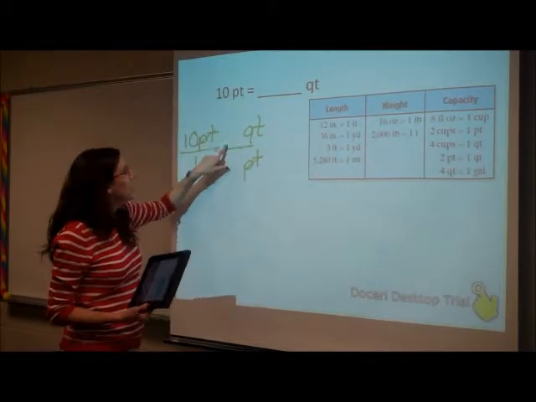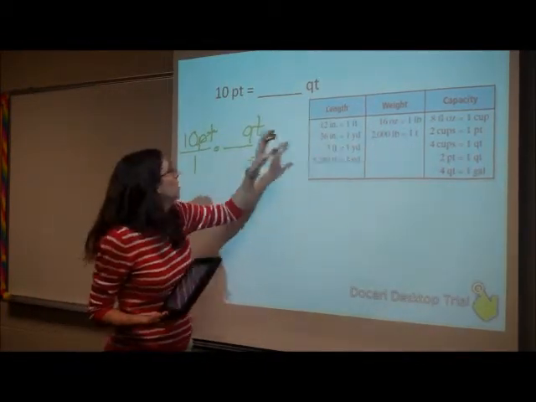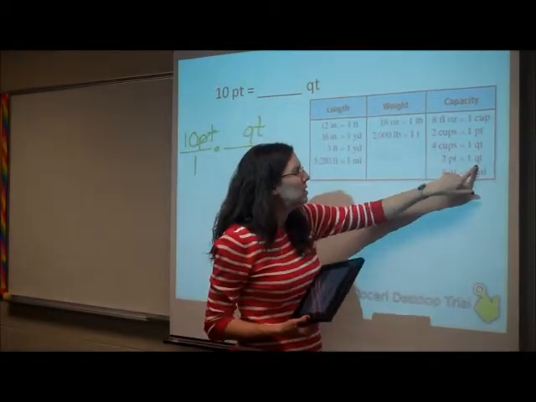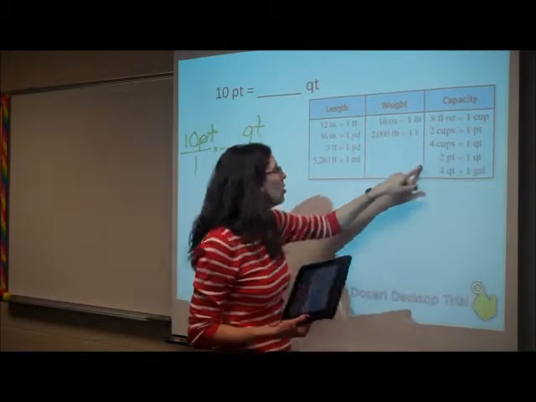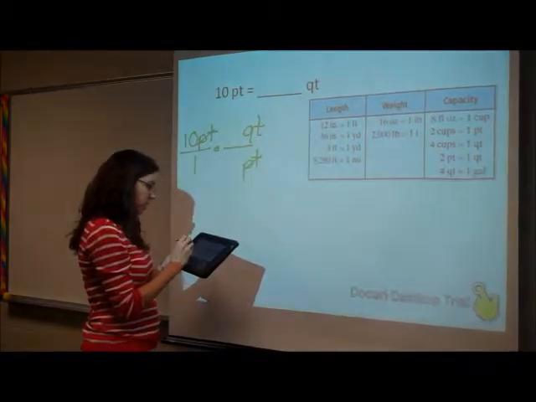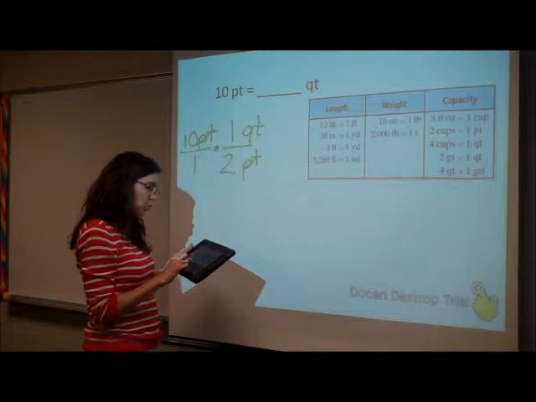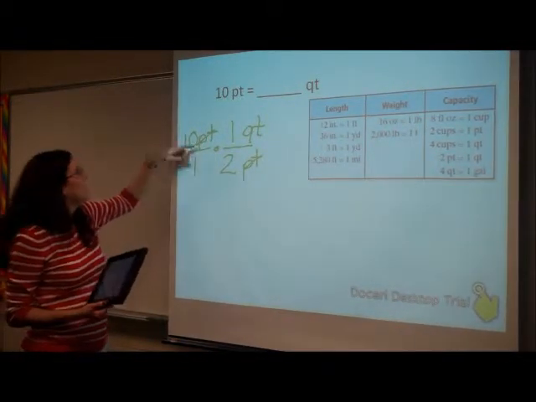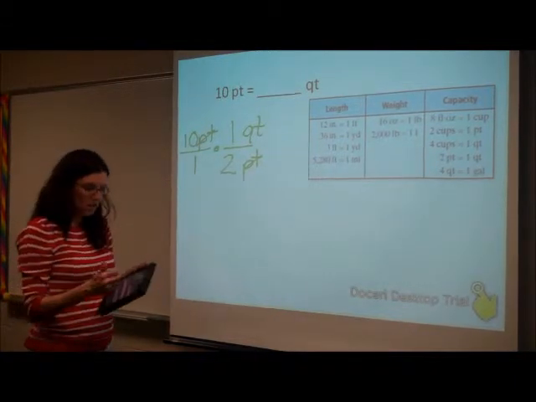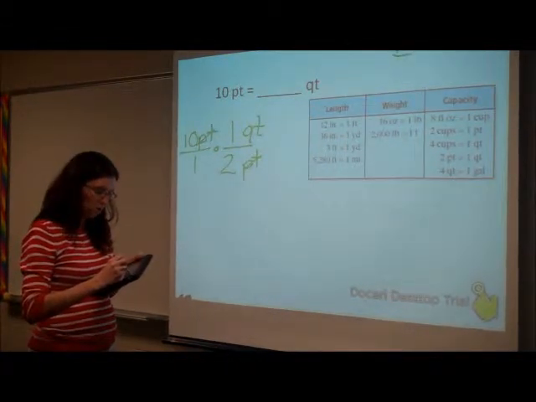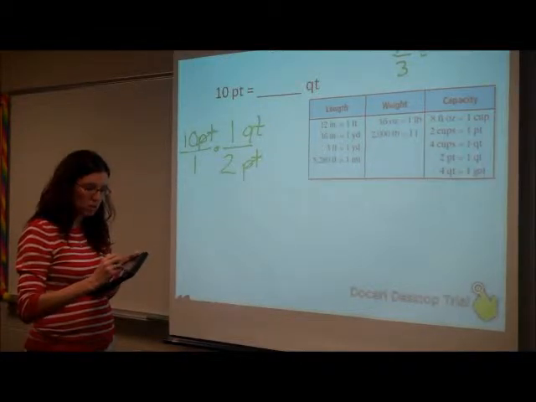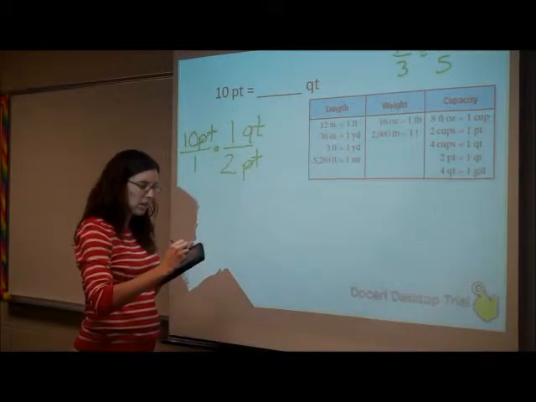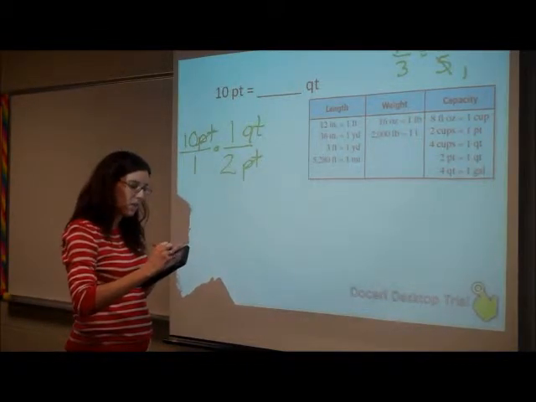Okay? But here, I need to use my conversion. So how many quarts are in how many pints? Well, if I go over here, pints and quarts. So there's 2 pints and 1 quart. So over here, I have 2 pints and 1 quart. Now, you could have also looked at this, sorry to go back, as cross-canceling, that if we have 10 over 3 equals 7 over 5, we can cross-cancel, we can divide both of those by 5.